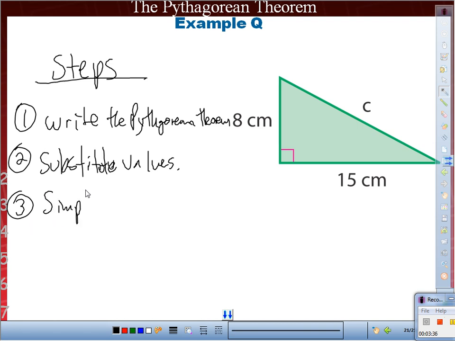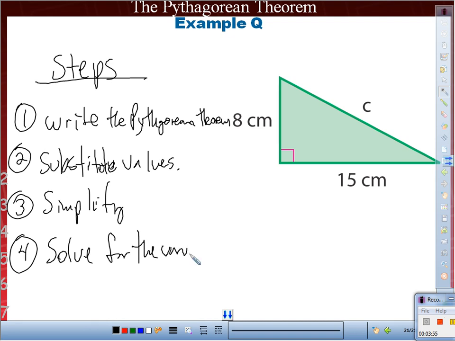That is correct. Simplify. We're going to simplify as much as we can. And of course, our last step for most of these, if not all of them, what would it be? Solve. That is correct. Solve for the variable. Sometimes we write solve for x, but sometimes they're going to give us a different variable. Okay?